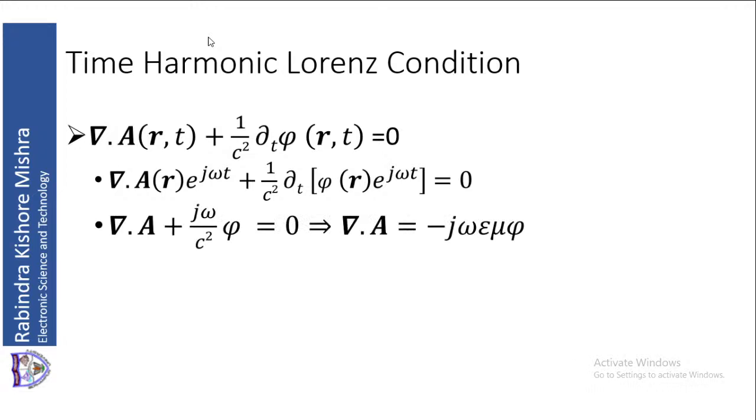Then if we take dou t operating on that, that will be divergence of A minus j omega by c square phi is equal to 0, or divergence of A is equal to j omega epsilon mu phi. Or if we take exponential j omega t, then we will get the equation that we have used here. This equation will be correct.